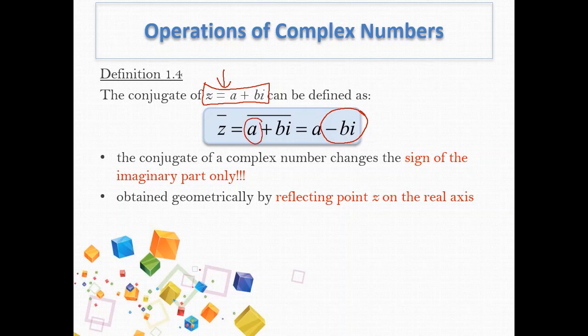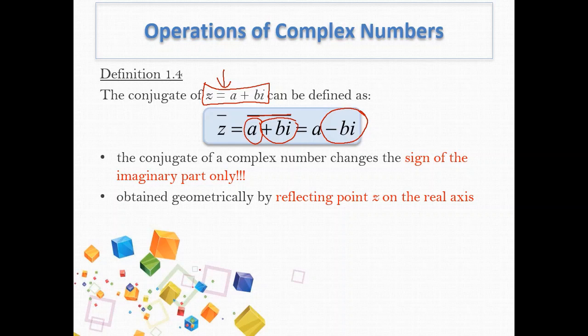The bar on top of the complex number means you change the sign of the imaginary part. So if it is positive, for the conjugate of a complex number, we change the sign of the imaginary part to become negative.